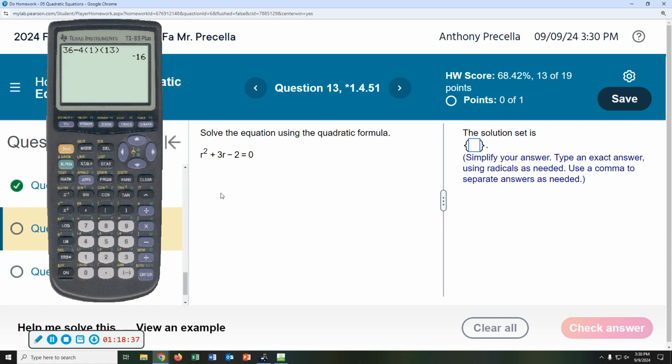That doesn't look too bad at all. At first it almost looks factorable, doesn't it? 1 times 2 would give the 2, but it's not going to subtract to give you a 3. If this minus had been a plus 2, then it would have factored. But we're going to use the quadratic formula.